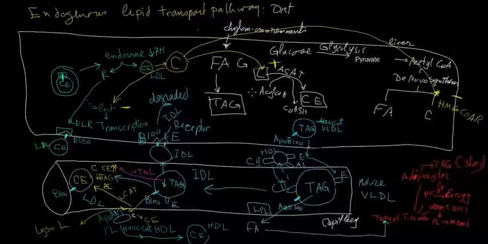We want to put this function of determining the fluidity of the cell membranes under regulation. So if the cholesterol is very high, it's going to dangerously affect the fluidity of the cell membranes. So in order to control that, we convert it to cholesterol ester to be stored and to limit this effect.